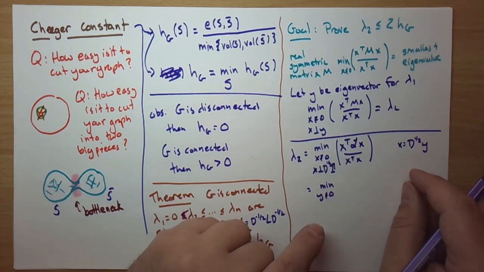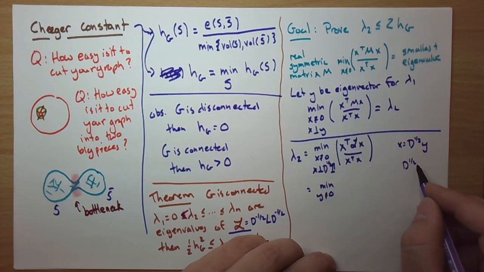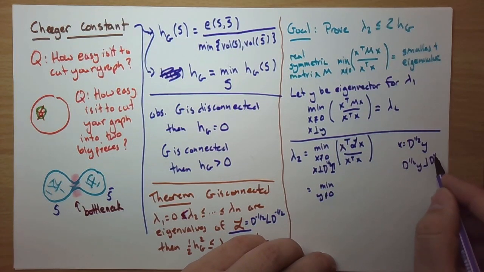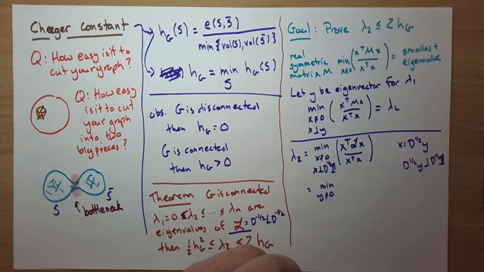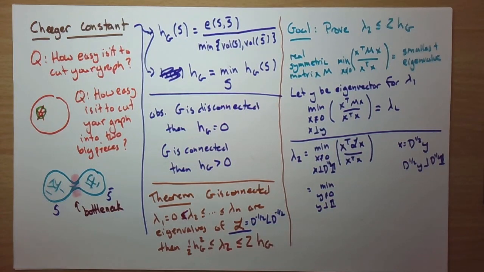Now, when will d to the 1/2 y be perpendicular to d to the 1/2 times 1? Y is perpendicular to 1. Yeah, we need y to be perpendicular to 1. All right, I think that's what we need.